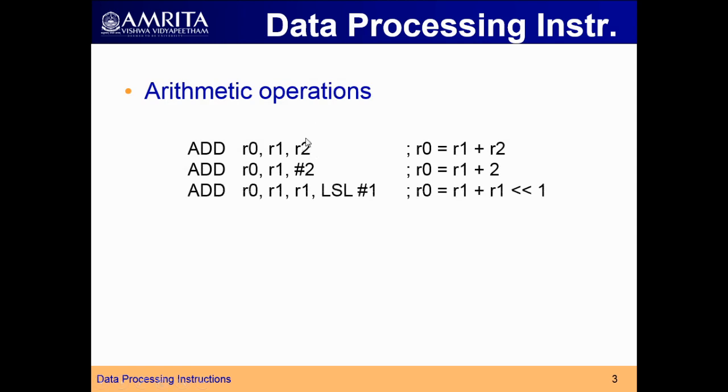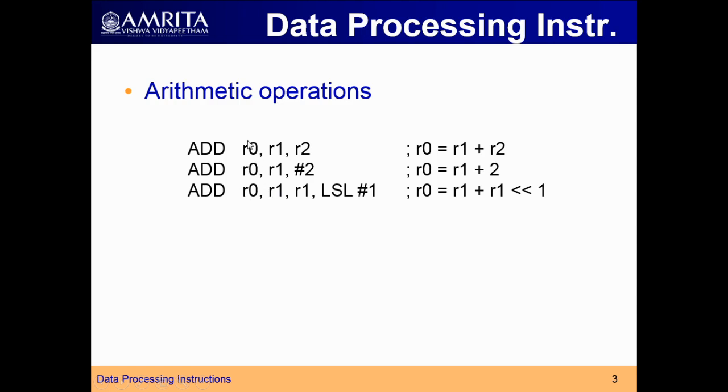In the first case it is a register, in the second case it is immediate data, and in the third case it is a shifted register. So in a data processing instruction, the second operand can be a register like this, or an immediate data like this, or a shifted register like this. But you need to keep in mind, the first operand should always be a register.